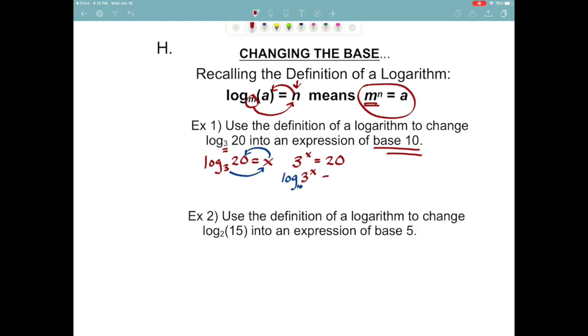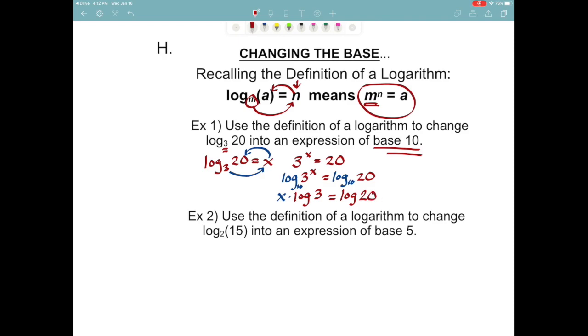And that's going to equal log base 10 of 20. And now we'll move that x out in front as the coefficient. So we're going to say here that we've got x times log of 3 equals log of 20.